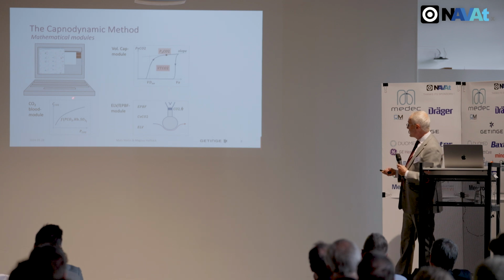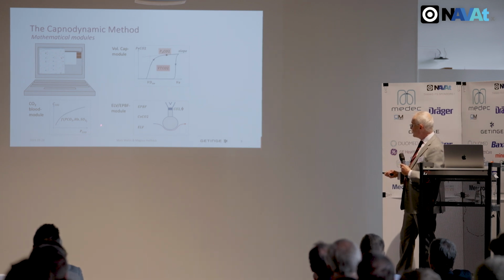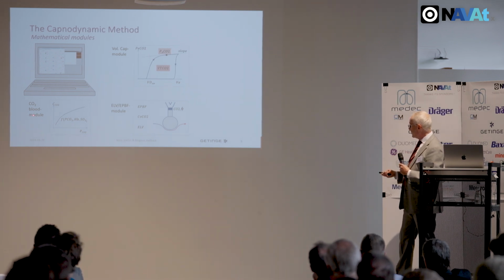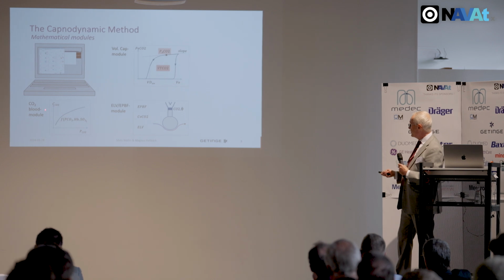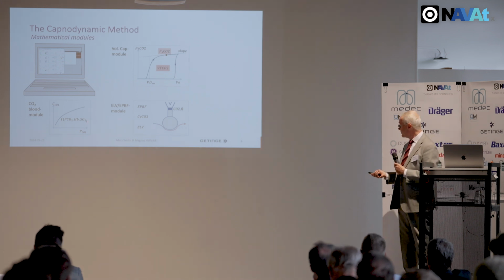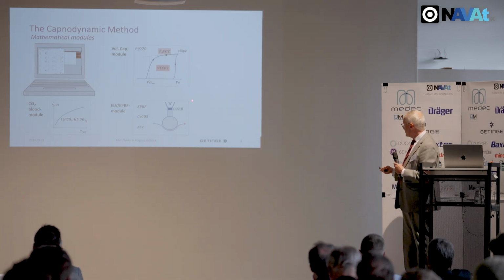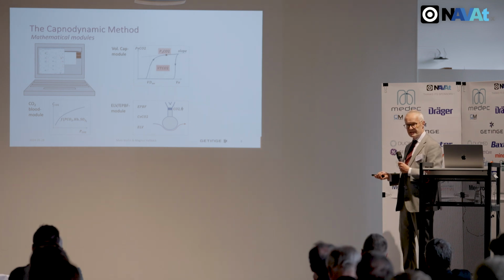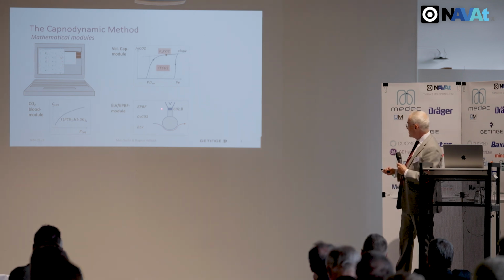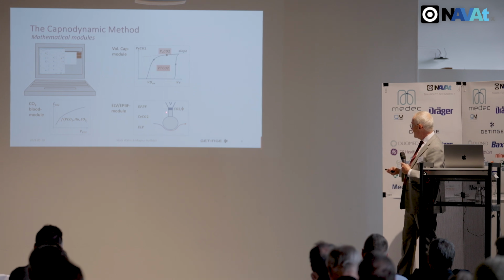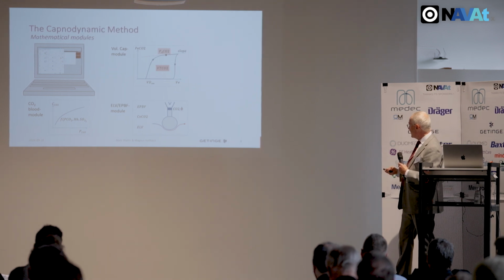We also have the solubility module to find out the content of CO2 in the blood, which depends on the partial pressure, hemoglobin, and also the saturation of oxygen. Then finally, we have a rather simple lung module, one lung compartment, but with more compartments in the anatomical dead space.